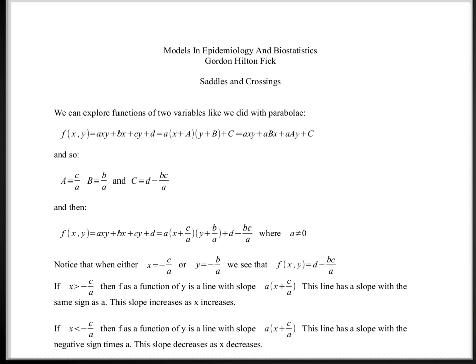Now, let's suppose for a moment, we'll get a little bit more technical maybe, but actually what we're going to be doing is mining the idea of completing the square, but now instead of it involving a parabola, we're going to be dealing with a comparatively simple function of 2 variables.